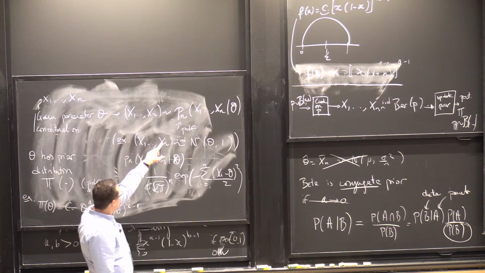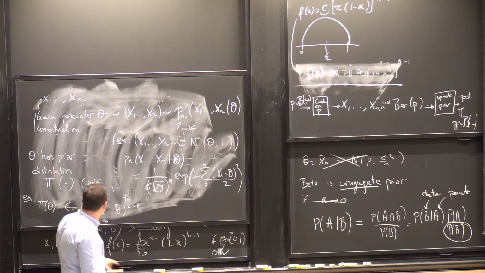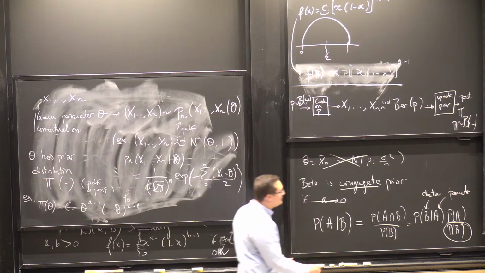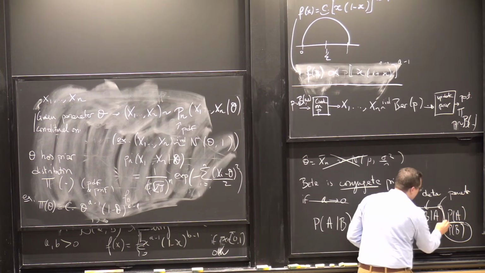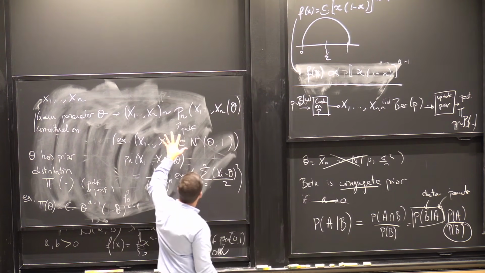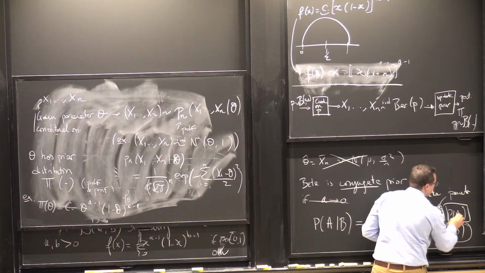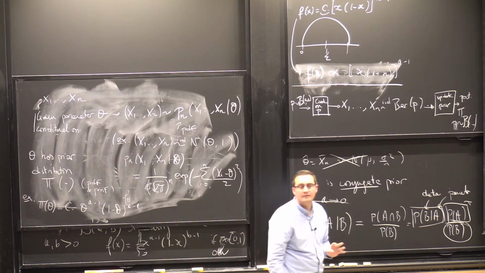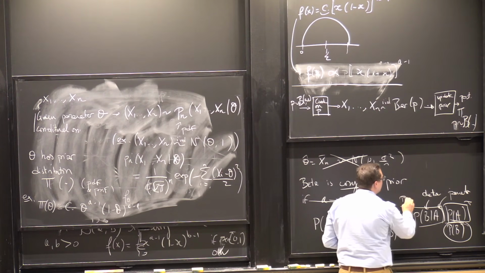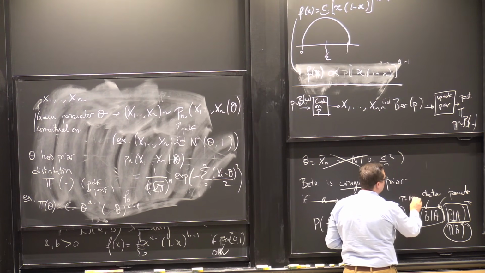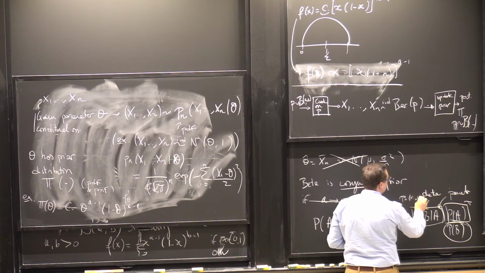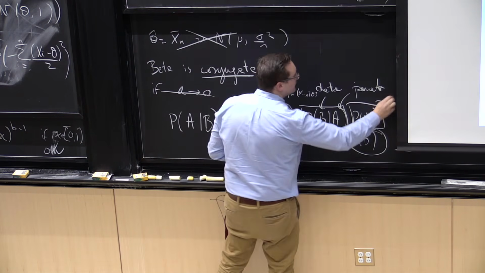Now I'm given the distribution of my x's given theta, and I'm given the distribution of my theta. So I'm given this guy, my Pn of x1, ..., xn given theta, and that guy, my pi of theta.